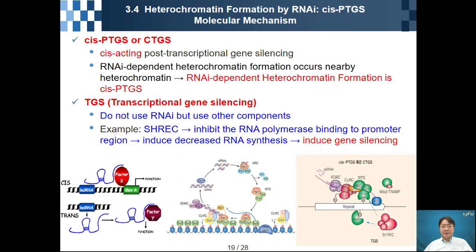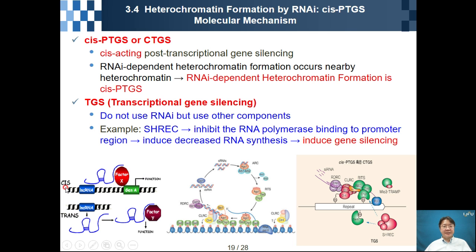Cis PTGS means cis-acting post-transcriptional gene silencing. This is the difference between cis and trans. Cis works within one chromosome, while trans occurs in a different chromosome.